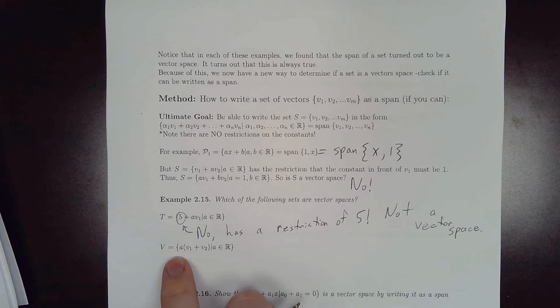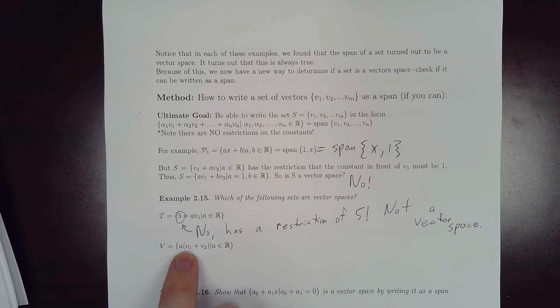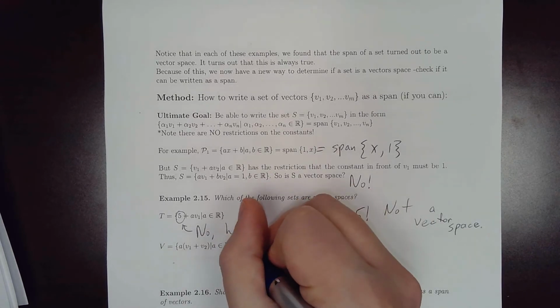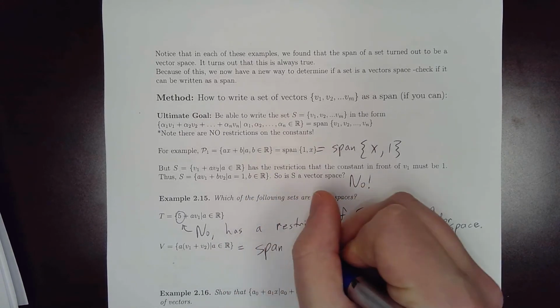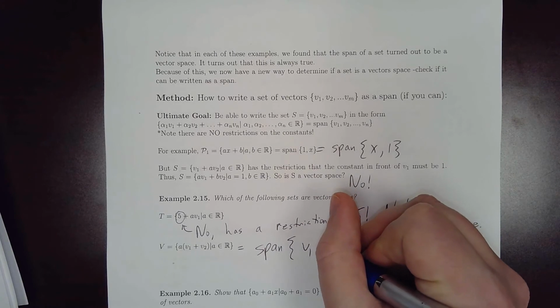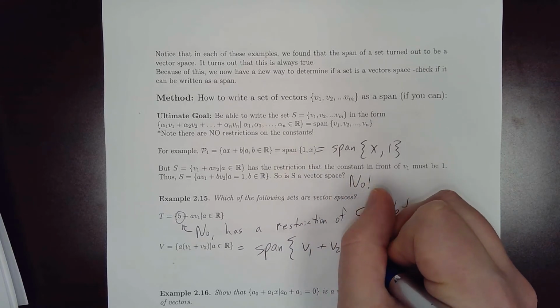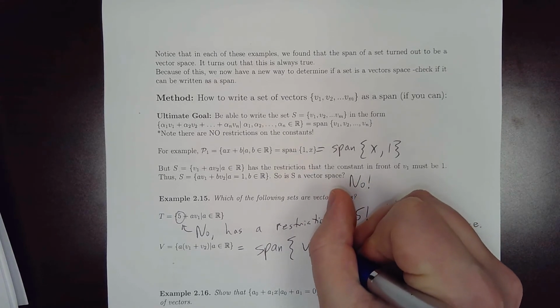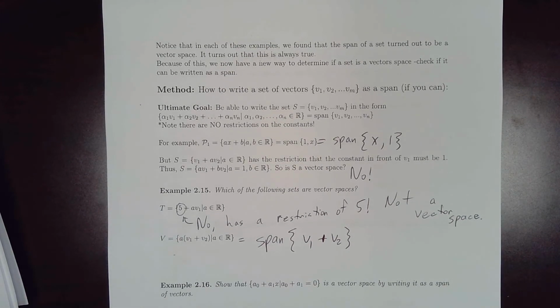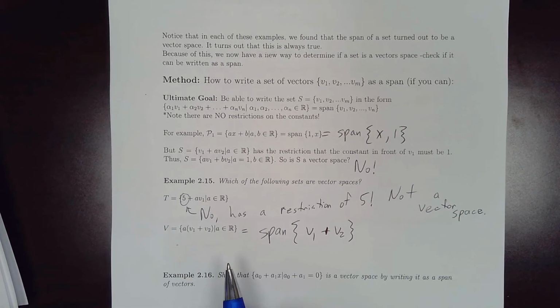But here, if we look at A, the set of all vectors a times v1 plus v2, where a is in the real numbers, this is going to be the span of v1 plus v2. So this is a restriction that we could work with.